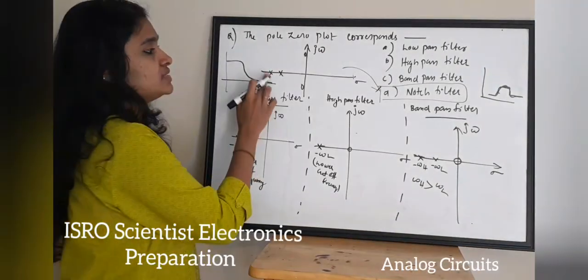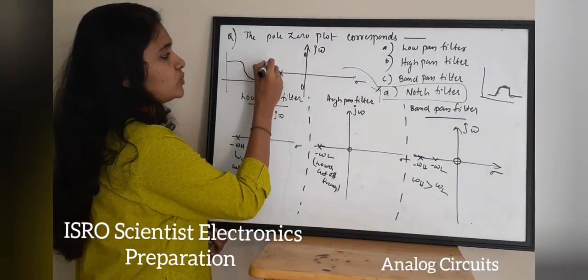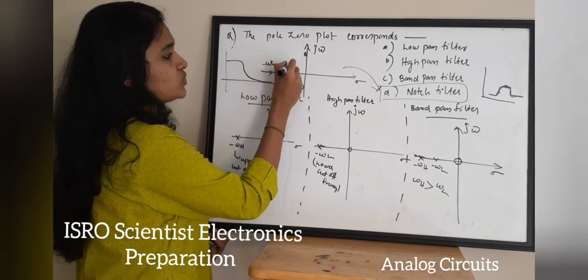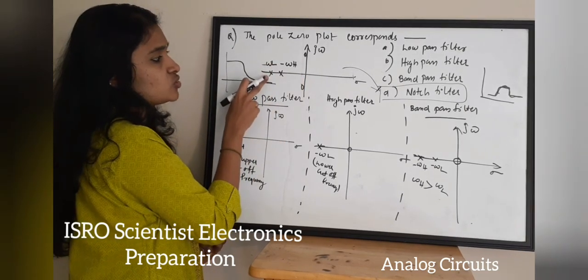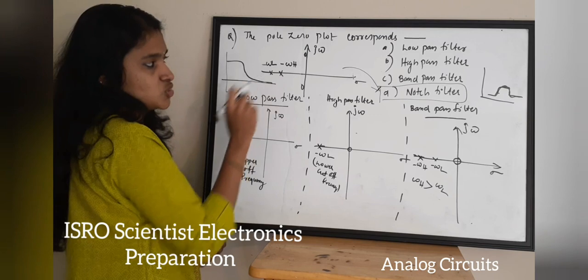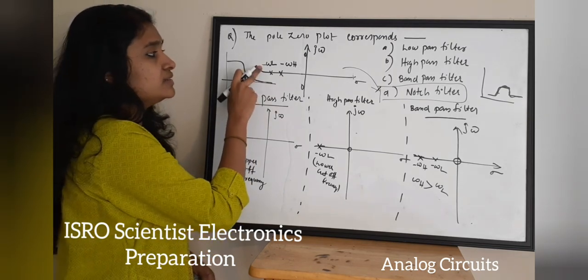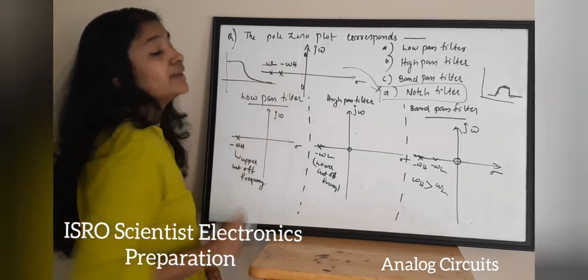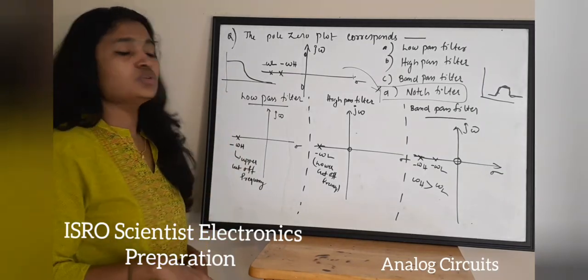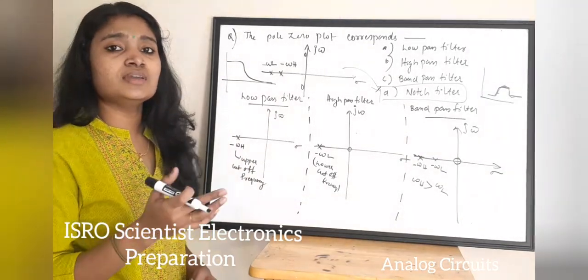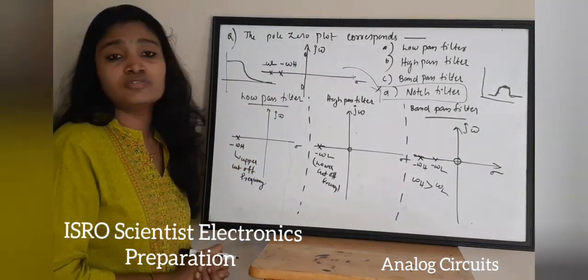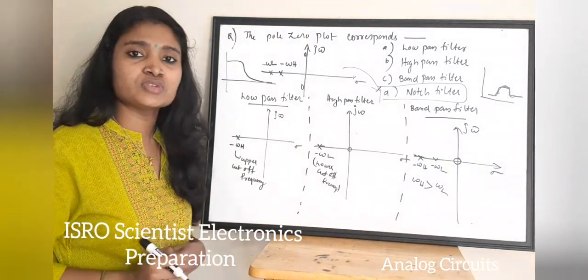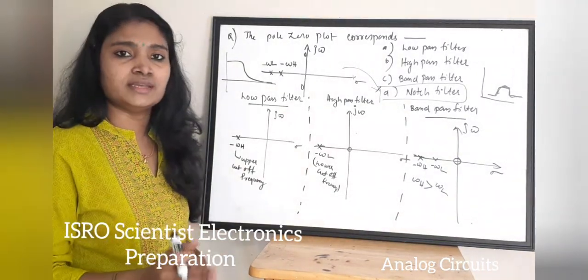And also this value is your minus omega L, and this is your minus omega H. So here it is minus omega L and minus omega H given, and your omega L is greater than your omega H from this figure. So the given question is giving a pole zero plot of a notch filter. So the correct answer for this question is option D.